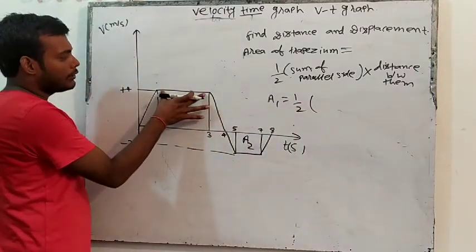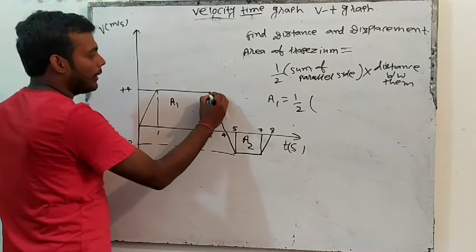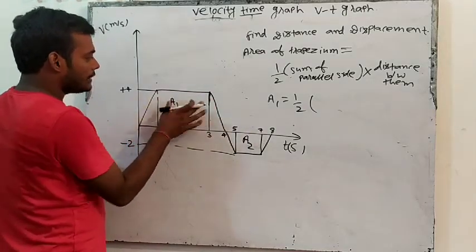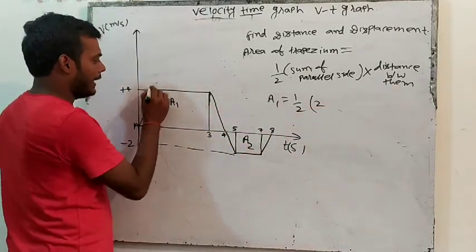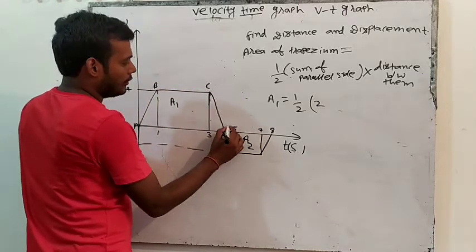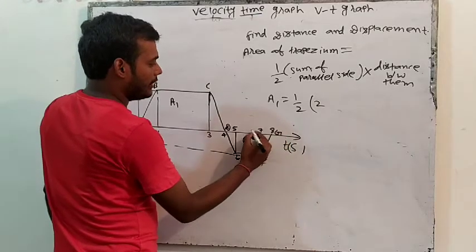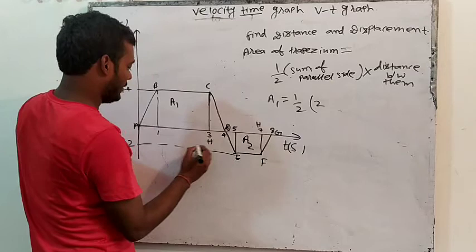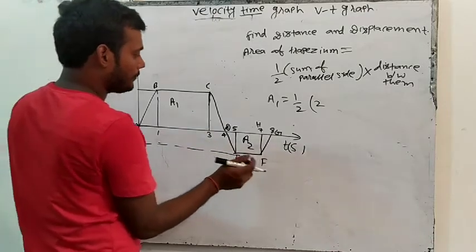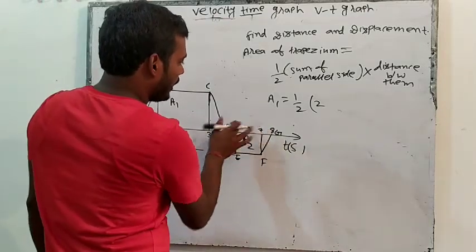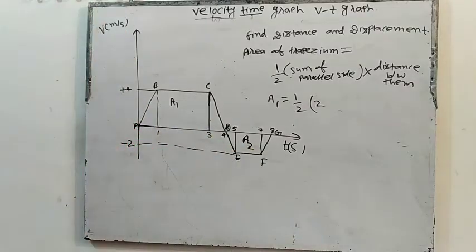From here to here, this is 3 minus 1, so this will be 2.